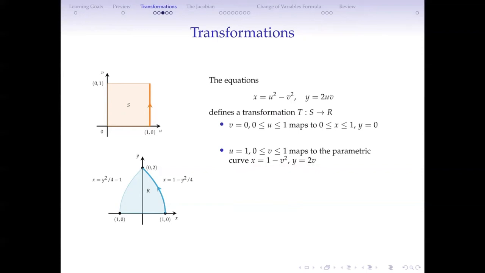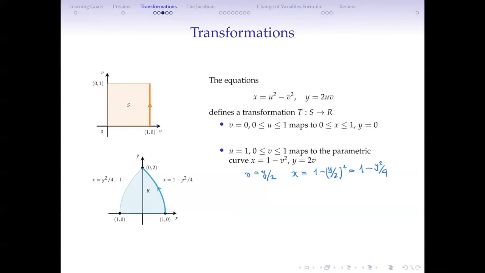You can eliminate the parameter, right? You've done this when you've studied parametric curves. If x equals 1 minus v squared and y equals 2v, then v, the parameter, is y over 2. So that means x is 1 minus (y over 2) squared, or 1 minus y squared over 4.